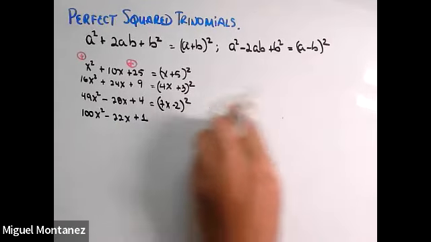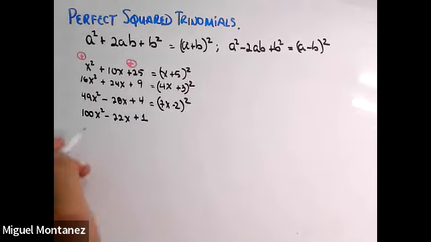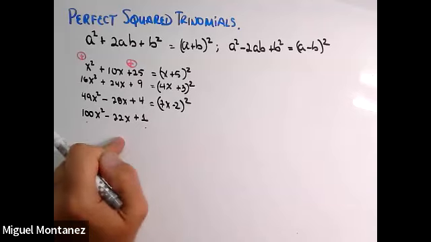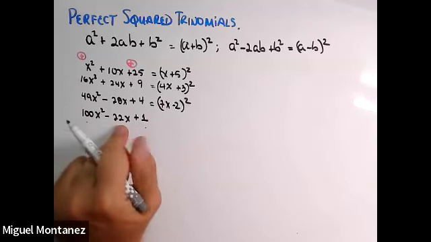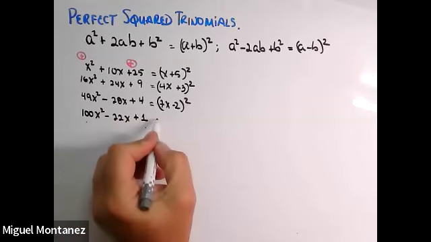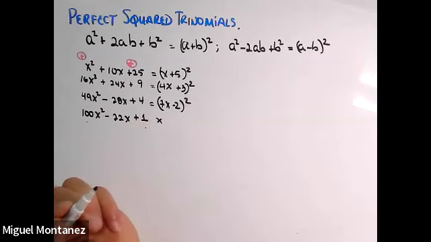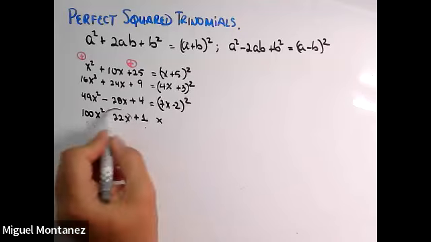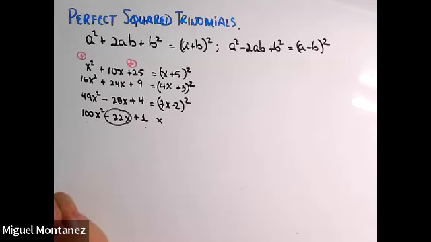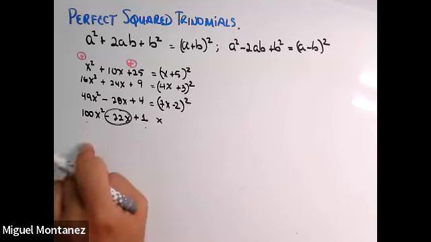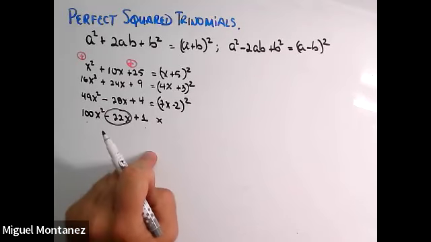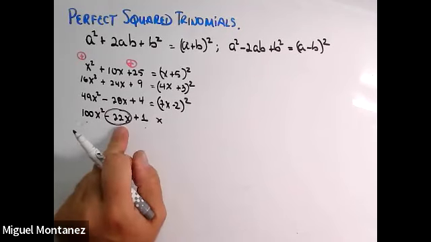And we can check the last one. The square root of 100 is 10, and the square root of 1 is 1. 10 times 1 is 10, and the middle number is 22. Is this a perfect square? Absolutely not. In order to be a perfect square, what number do I need here? I hope you guessed it. 10 times 1 is 10, double 10 is 20.